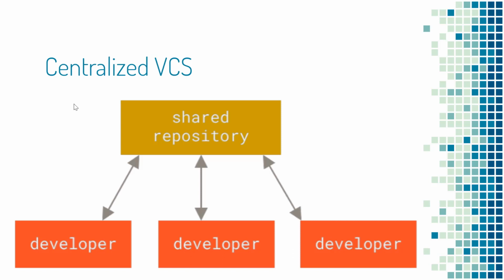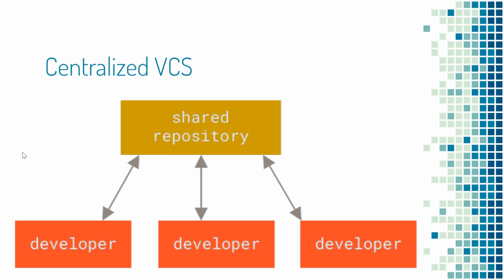So some people came up with another solution to overcome the problem with the local VCS. They came up with a centralized VCS. When we say a centralized VCS, it doesn't mean that it's just one server. We might have multiple servers that are mirrored together, but they all serve as one centralized repository.